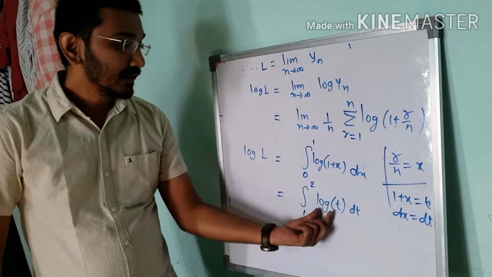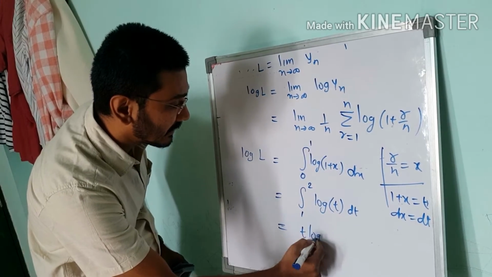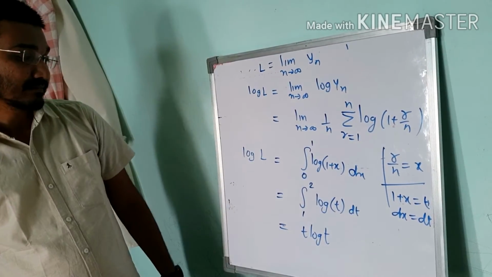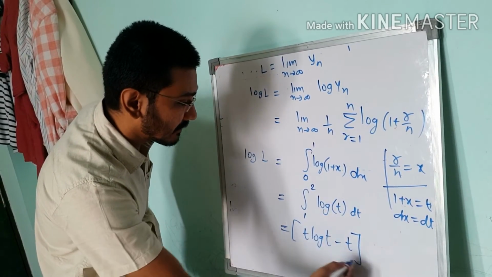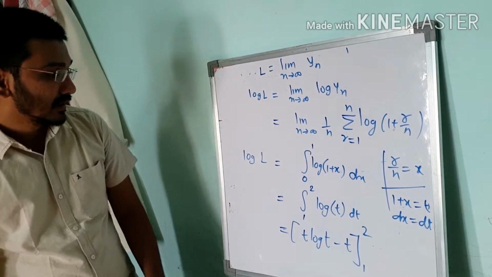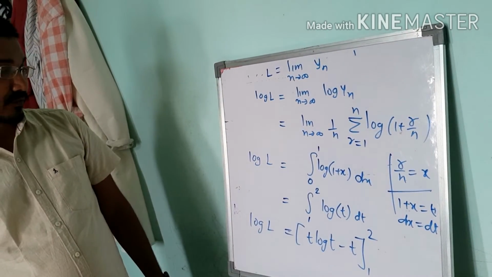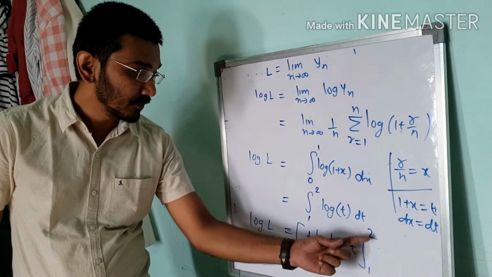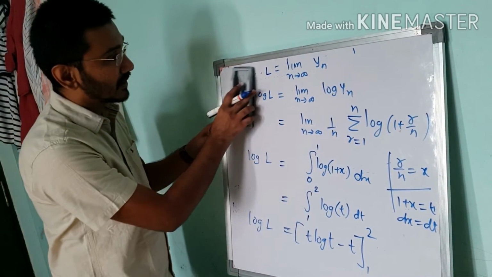Now we know log of t has an integration t log t minus t. Its lower limit is 1, upper limit is 2. And here I am getting the value of log L. So of course this can be solved by putting t equal to 2 once, and then by putting t equal to 1.